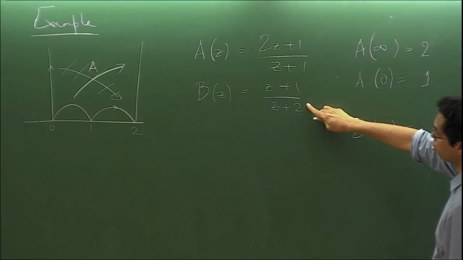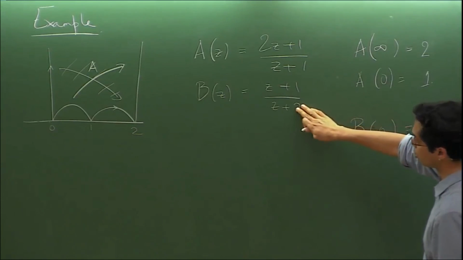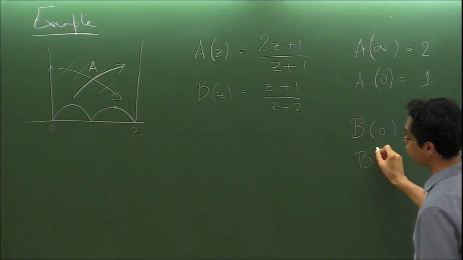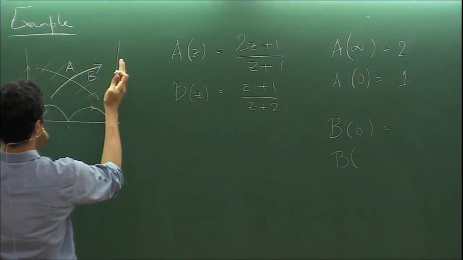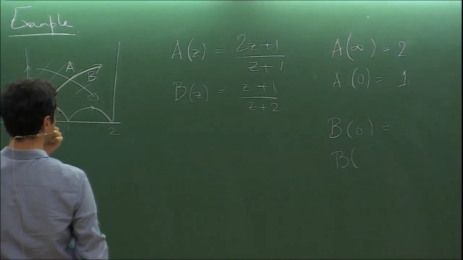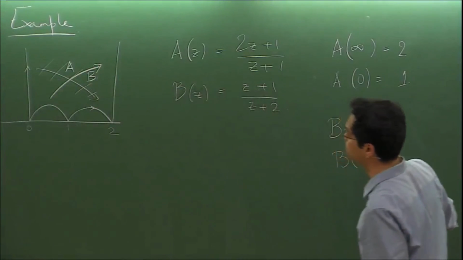So what do I want? Maybe this is not quite the correct one. I want B to pair this to this. Can someone suggest an element which does that?